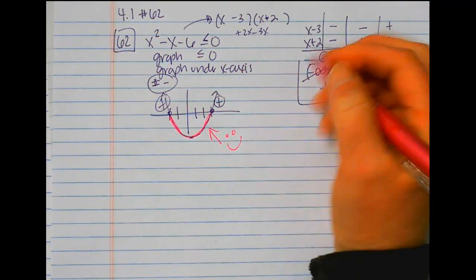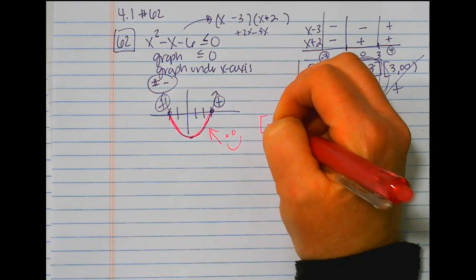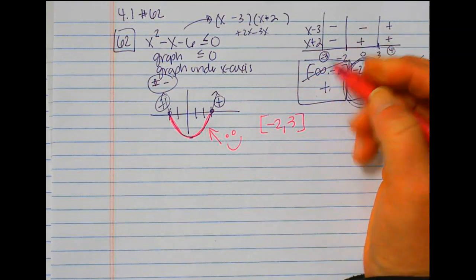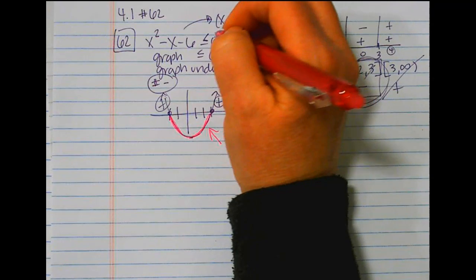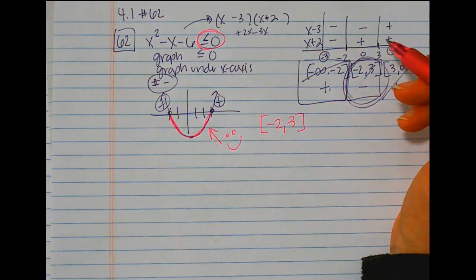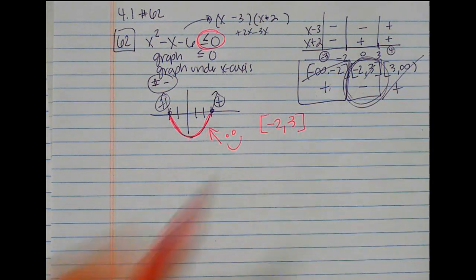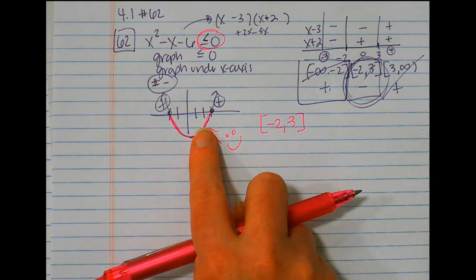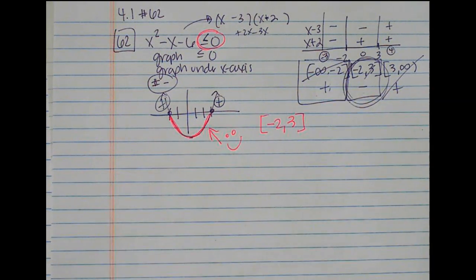That's what I want. So I want between negative 2 and 3, and I want to include the endpoints because it says equal to 0. So that means these zeros are included because they're 0. So with a sign chart, I could do it without the graph, but it is nice to look at it and go, oh yeah, that's what it looks like.